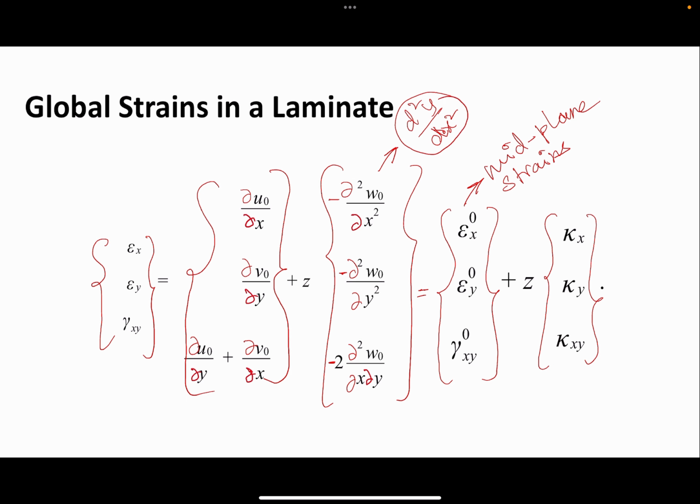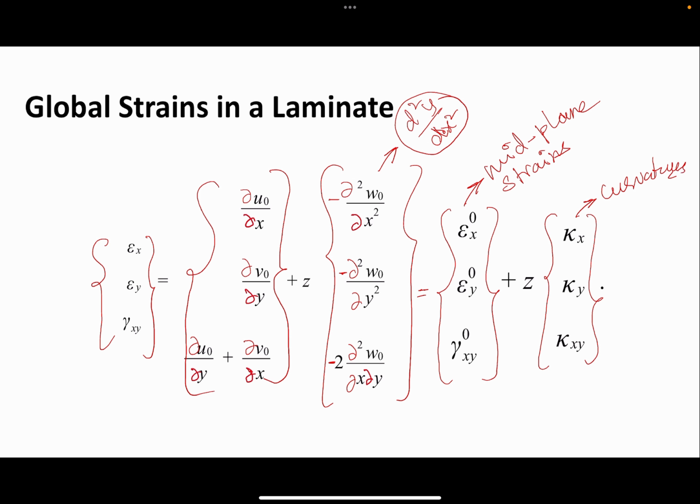Similarly here you have dou square w naught by dou x square, dou y square, and dou x dou y for the shear strain. These are written in short as z into the minus dou square w naught terms, all denoted by the kappas: kappa x, kappa y, kappa xy. These are curvatures.